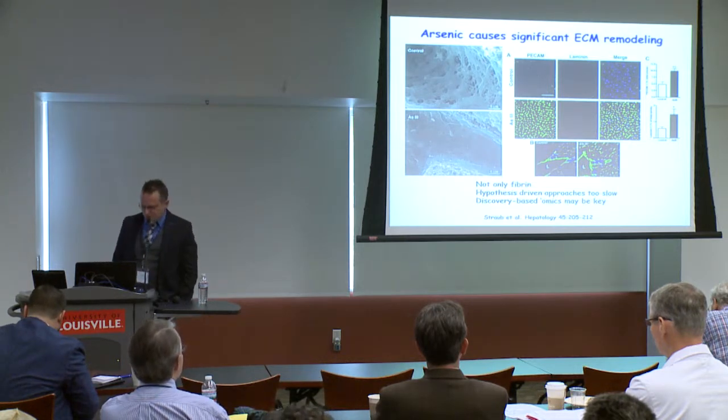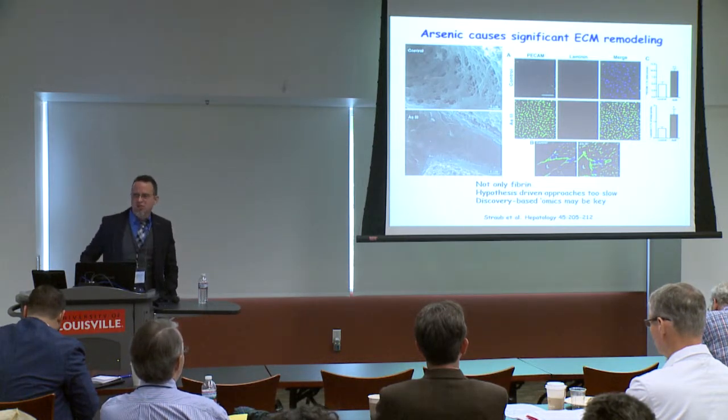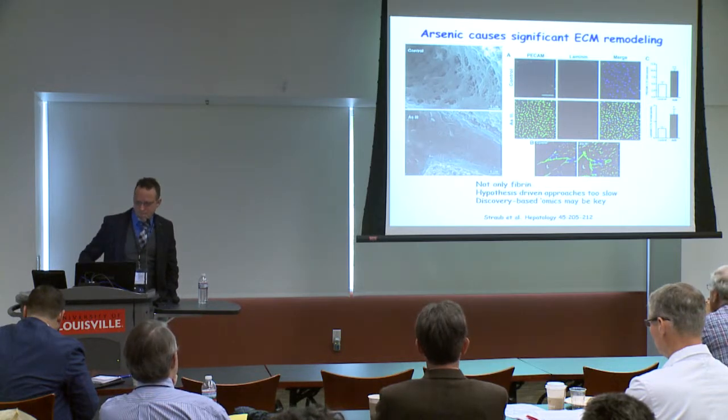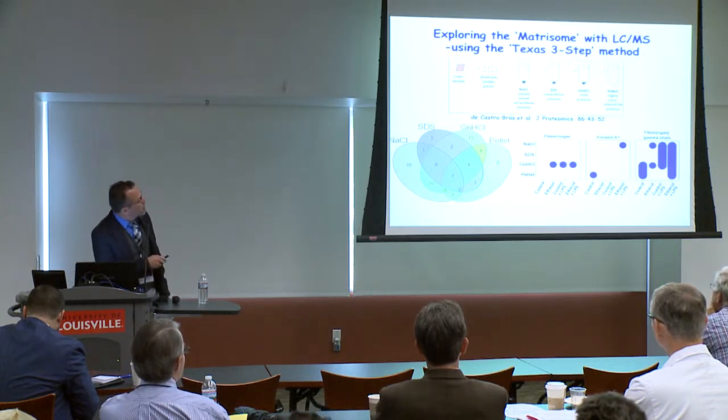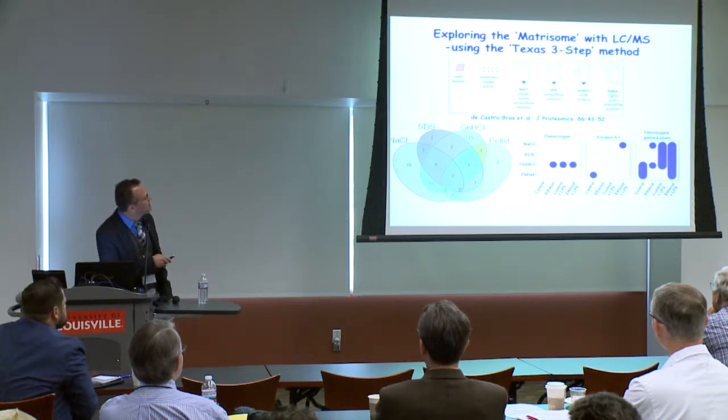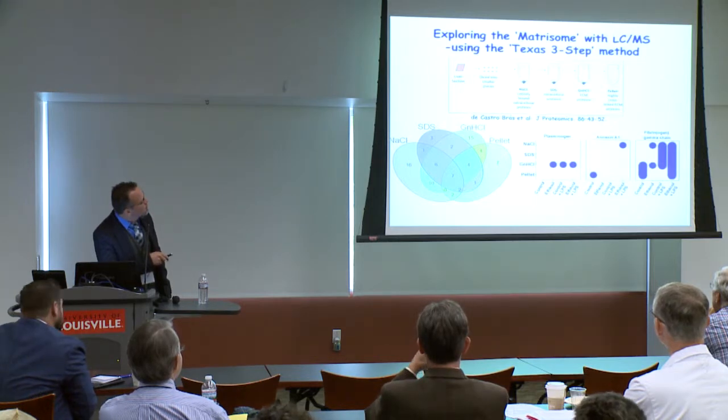What we decided to do is to try a more discovery-based approach to learn what's happening to the extracellular matrix in response to stress. And what we did here is what's called ECM proteomics or matrisomics, which I hate those omics phrases, but what the heck. And just to emphasize a point, we're doing what's called the Texas three-step extraction method.